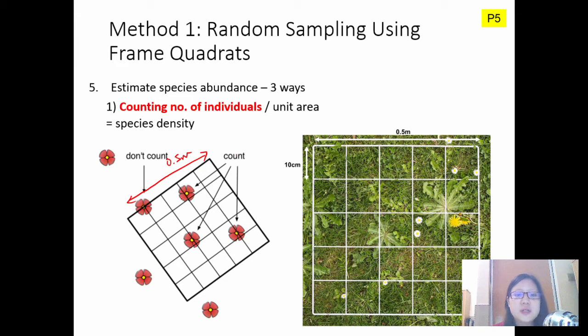This is quite straightforward. So we can see there are 3 flowers here in this particular quadrat. And to find the species density per unit area, we need to divide by area, not distance, not length, okay, area. So it's 0.5 times 0.5.